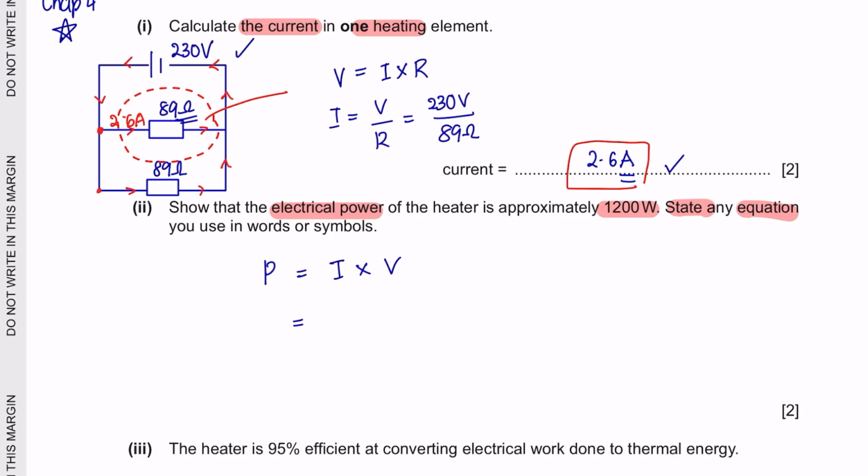In a parallel circuit, the current will split when it passes through a junction. So this means that the total current is 2.6 amperes multiplied by 2, giving us 5.2 amperes. So the total current in the circuit is 5.2 amperes and the total voltage in the circuit is 230 volts, which gives us approximately a value of 1200 watts.